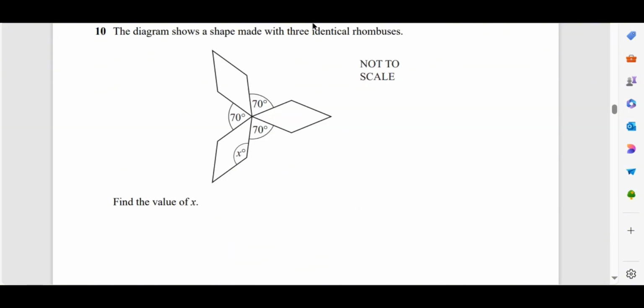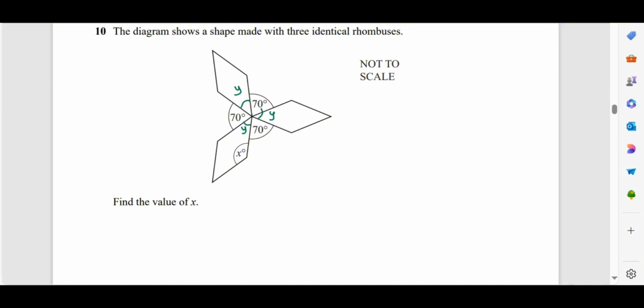This is question 10. If you look at the shape we have and the information given to us, it says that the diagram shows a shape made with 3 identical rhombuses. Okay, so identical rhombuses means that the value you have here, let's call it y, call here y, and call here y. Remember, they are identical.